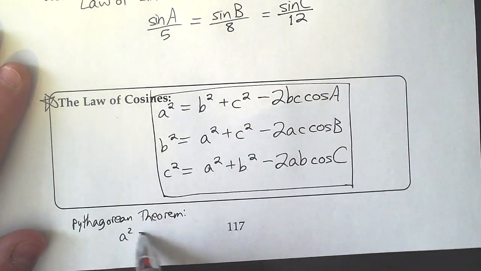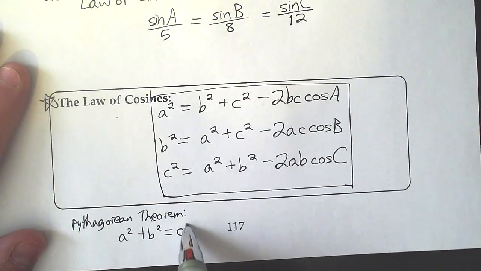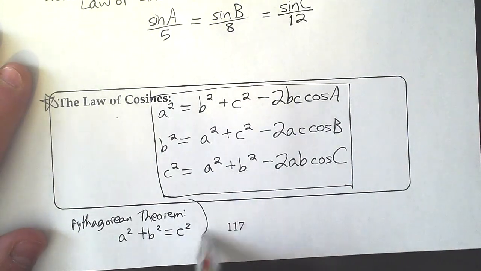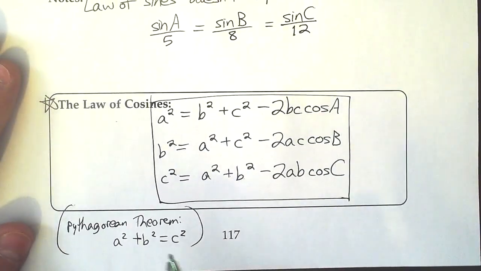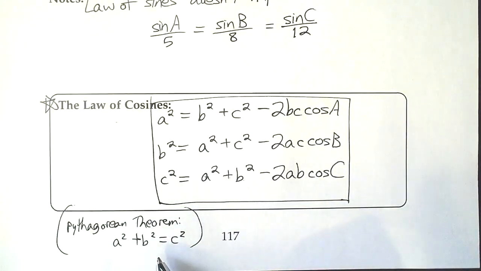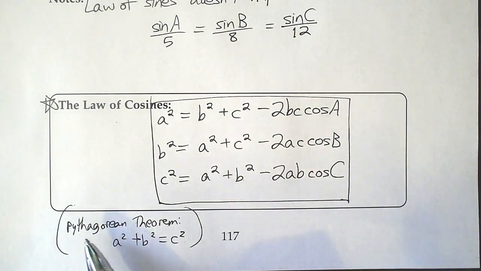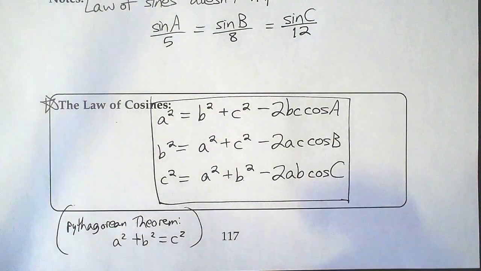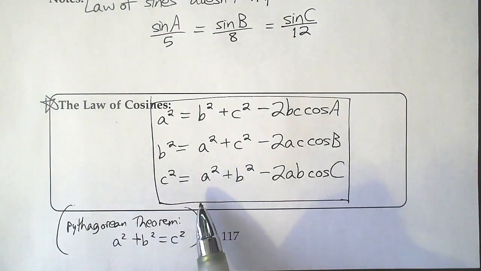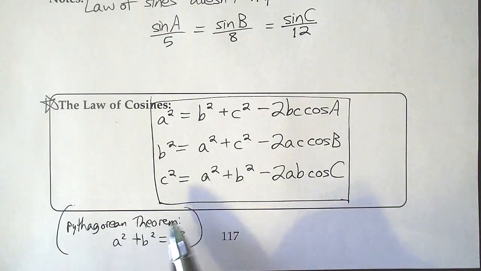It's a squared plus b squared equals c squared. This is just a little side note, but I feel like there is a connection here. We said that the Pythagorean theorem only works for right triangles, and in this section, when we draw triangles, we're not assuming that they are right triangles. So the Pythagorean theorem doesn't apply.